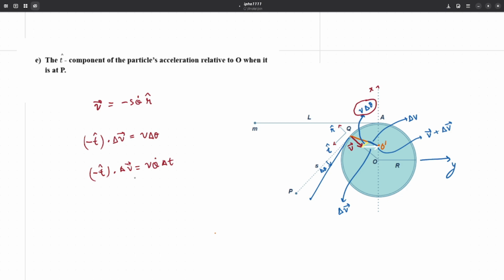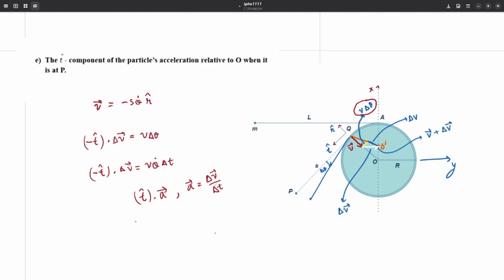So we want to find the acceleration of the particle with respect to O along t cap. Hence, we can write the dot product as t cap dot acceleration. Here, A is equal to delta v by delta t.